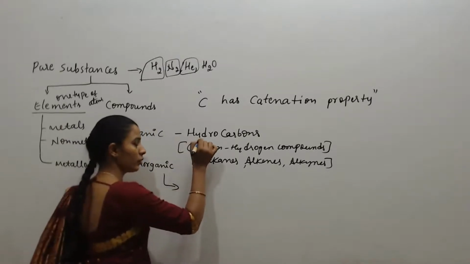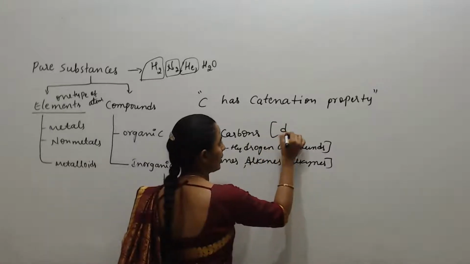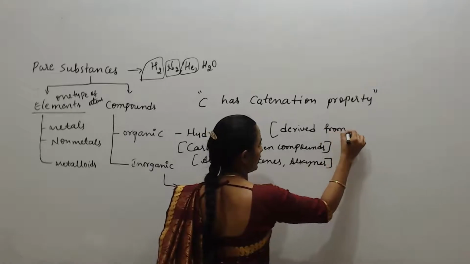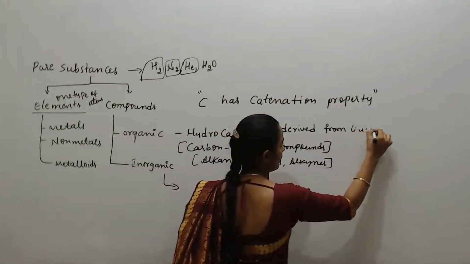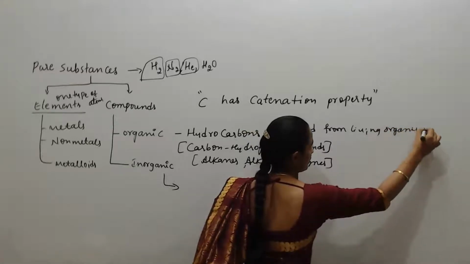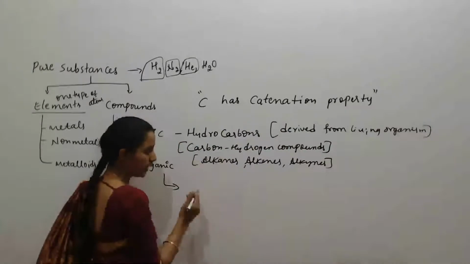For example, here we are only studying carbon and its compounds. Organic compounds are derived from living organisms. Okay, so these are other living things.